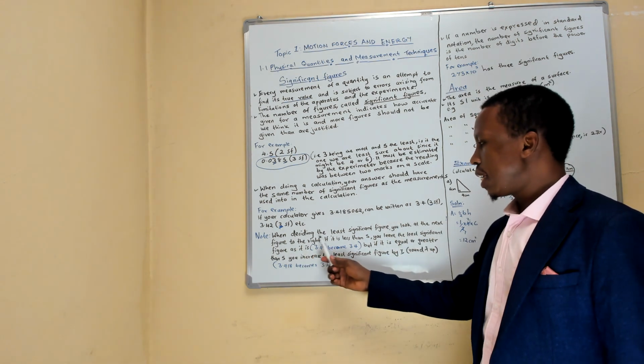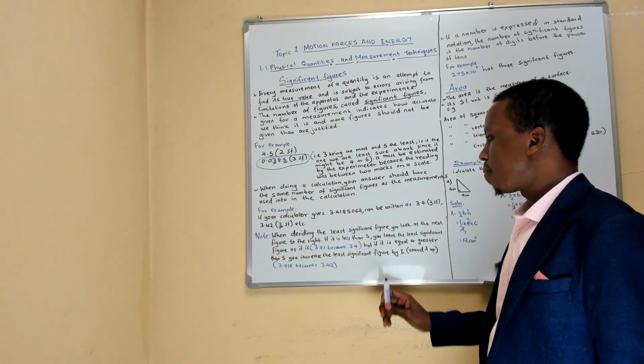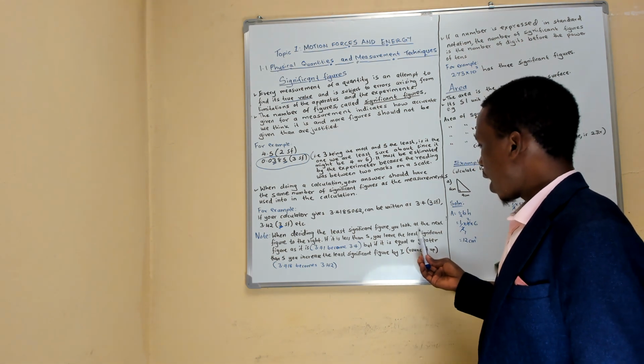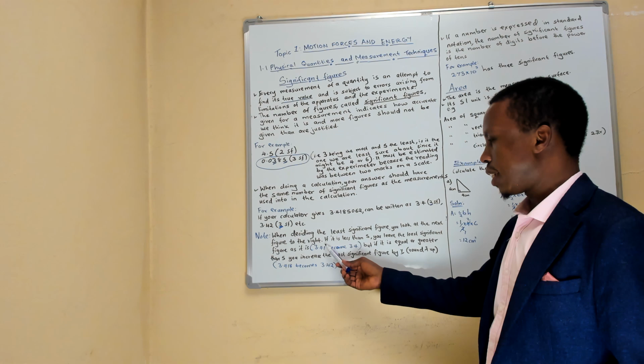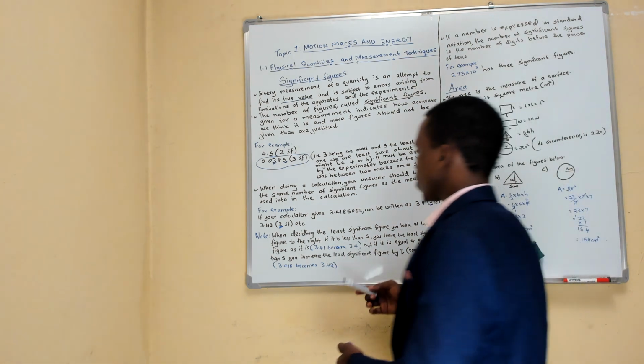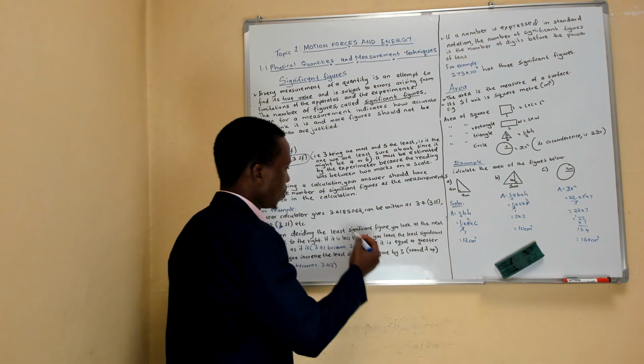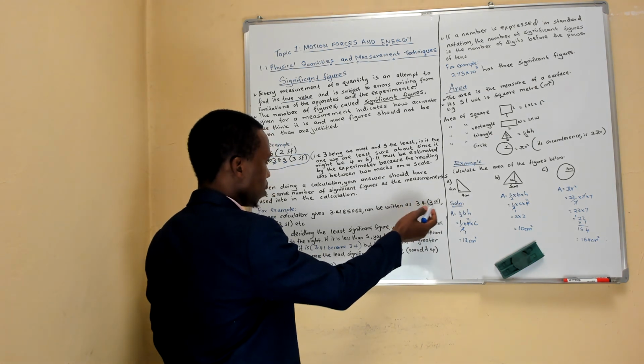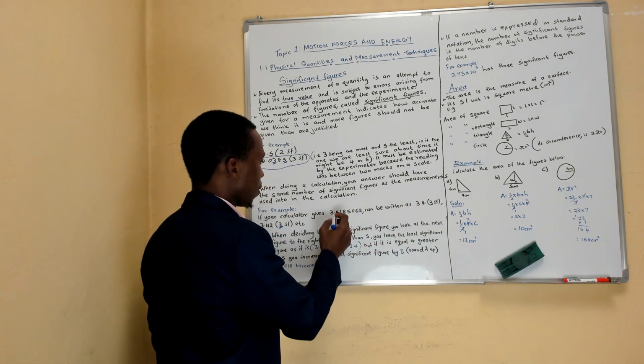When you want to decide the least significant figure, you look at the next figure to the right. For example, I want to decide the least significant figure of 3.41. I know this is 4.